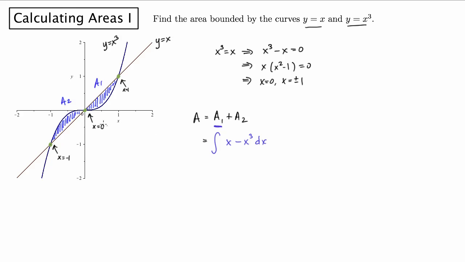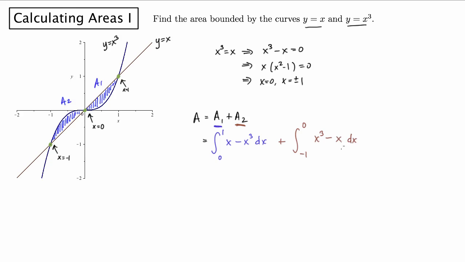And the limits of integration here go from x equal to 0 up to x equal to 1. Similarly, if I look at area 2, it ranges from minus 1 to 0, and on top is x cubed over that interval, and on the bottom is x.